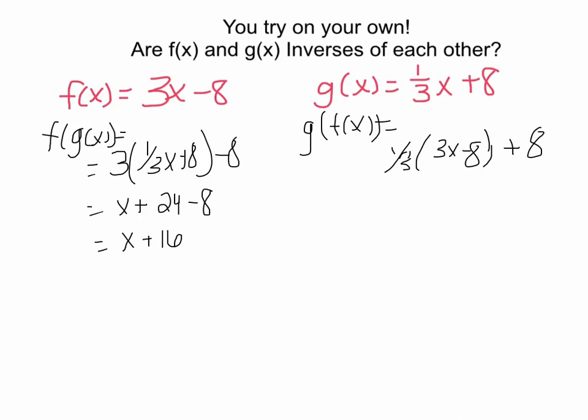Alright, so if you distribute this, you end up with x minus 8/3 plus 8. Okay, so we know that neither one of these are going to be inverses of each other. This didn't end up as x, this didn't end up as x, so these are not inverses.